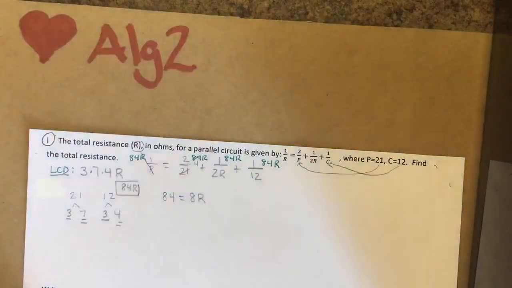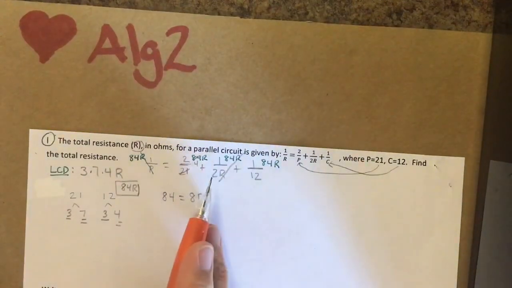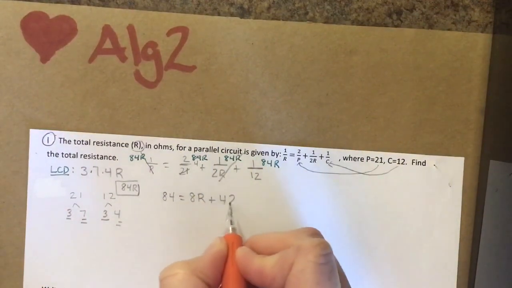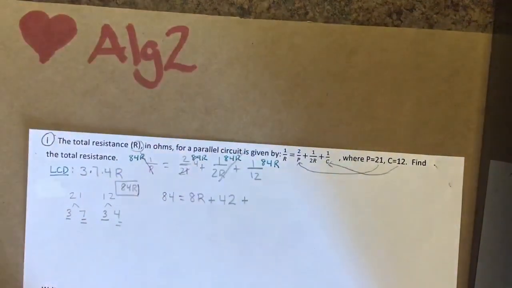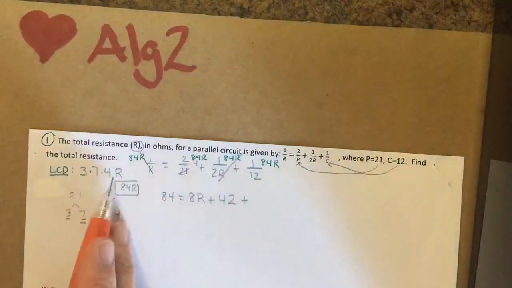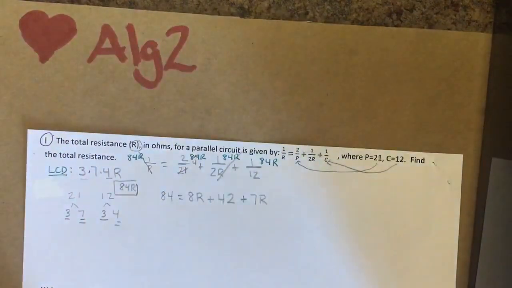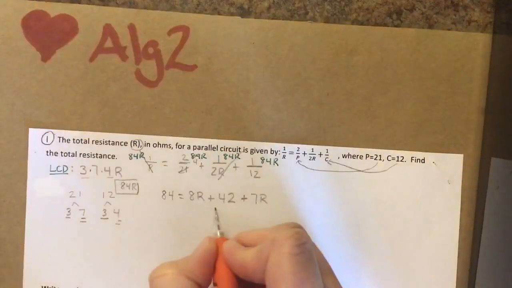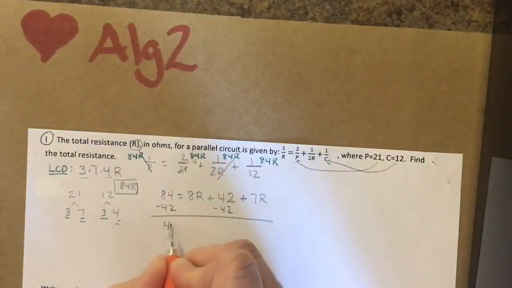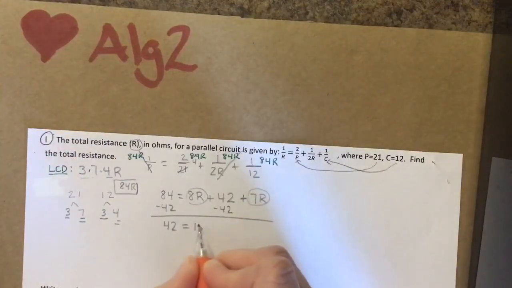Plus, my R's cancel, and what's 84 divided by 2? I think I heard it, plus 42, no R. And then 84R divided by 12, let's see, 84 divided by 12 would be 7, and that's an R. Okay, now we'll solve for R. Subtract 42, and add your R's. 8 plus 7, 15R.